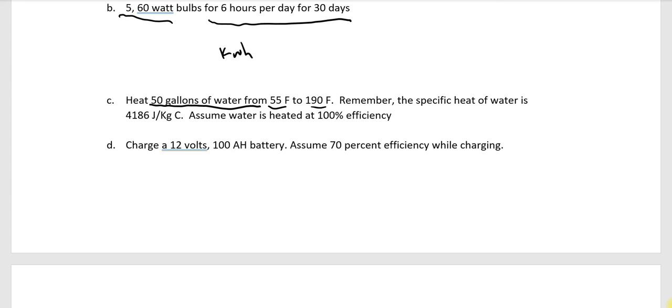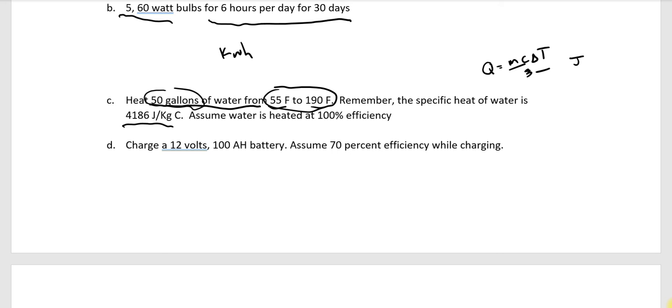And from physics 1, remember heat transfer, you've got Q, which represents heat, is equal to mc delta T. So the mass, ultimately, you're going to get that from the 50 gallons of water. The delta T, you're going to get that from here, but it's got to be converted into degrees centigrade. And then the specific heat of water, here's your 4186 joules per kilogram degree centigrade. You're going to get a number out of this in joules.